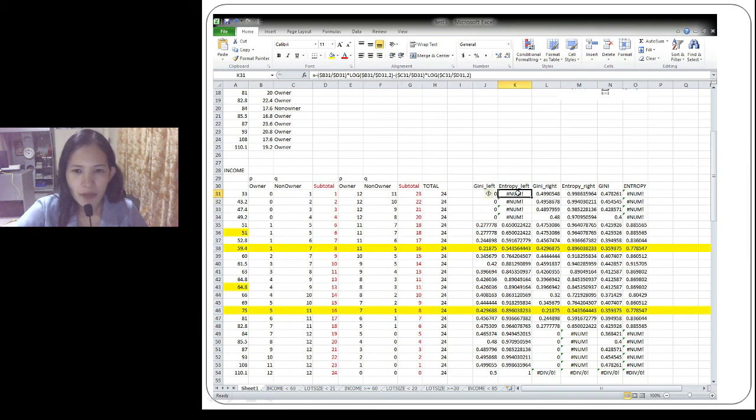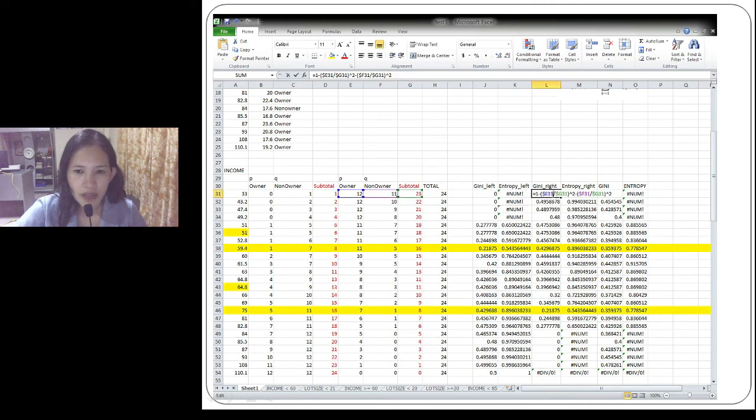Then using the formula of entropy, we have the number of owners divided by the subtotal times the log of the owners divided by the subtotal base 2, minus the number of non-owners divided by the subtotal times the log of the number of non-owners divided by the subtotal, and the log uses base 2.